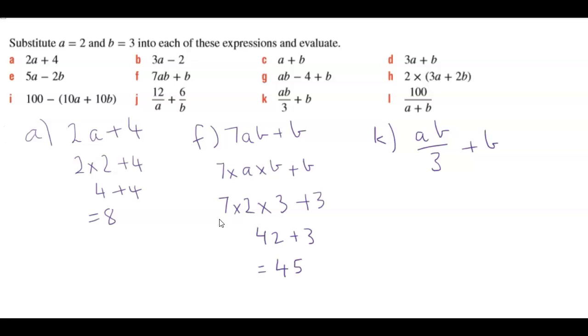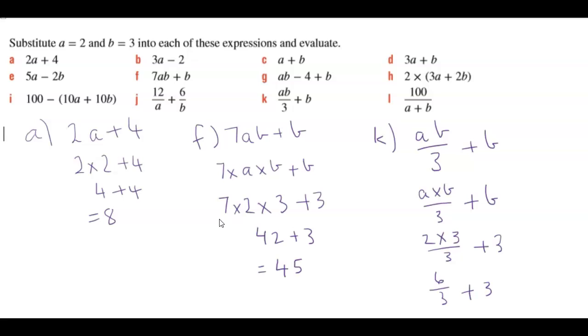So remember, there's a multiply sign in there, so you can rewrite it as a times b over 3 plus b. Remember, a is 2, so it's going to be 2 times b, which is 3, over 3 plus, and then b is also going to have another 3. So 2 times 3 is 6.